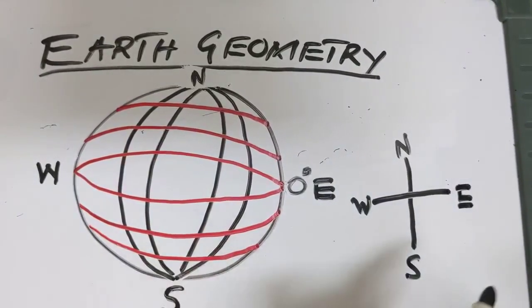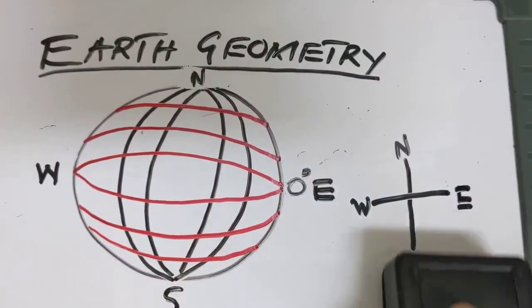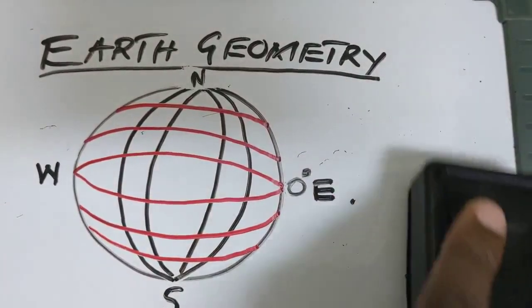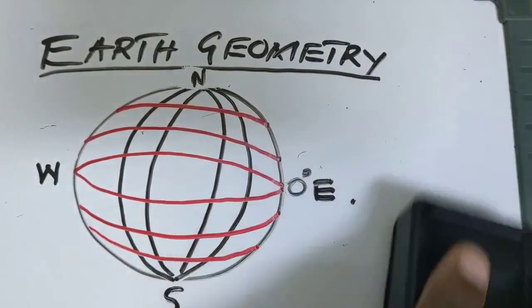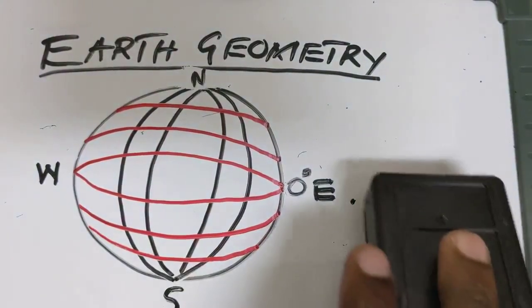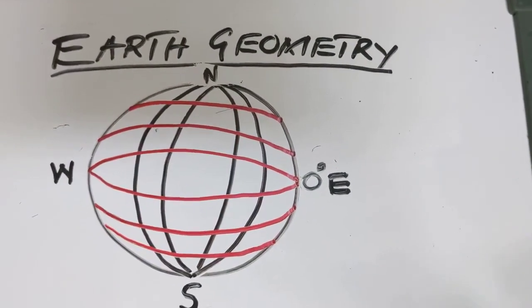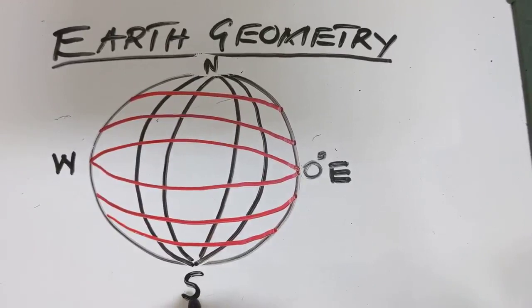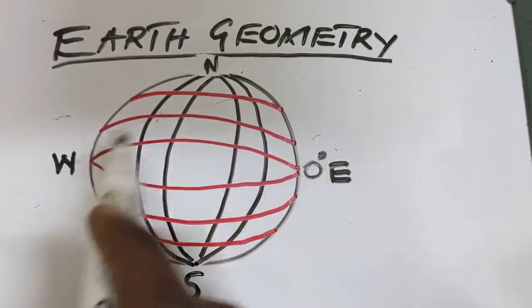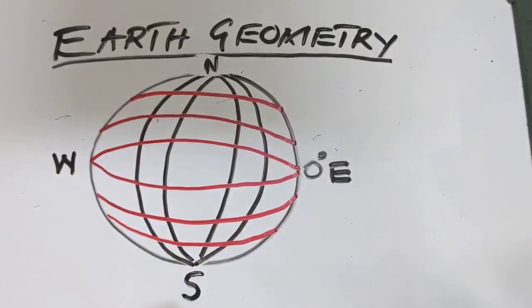So these are the directions of the earth, and that is where they are coming from. It is very important to know the directions of places. So this is south, east, west, north.